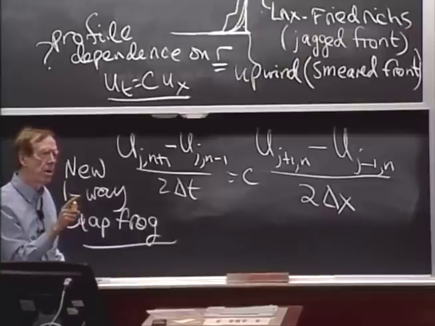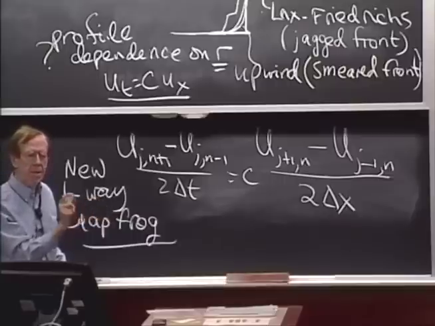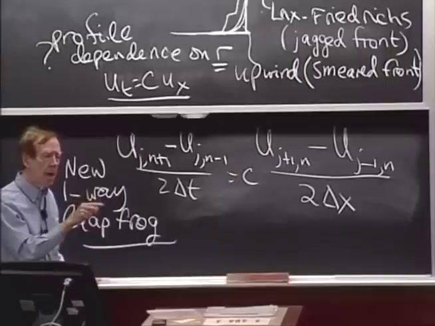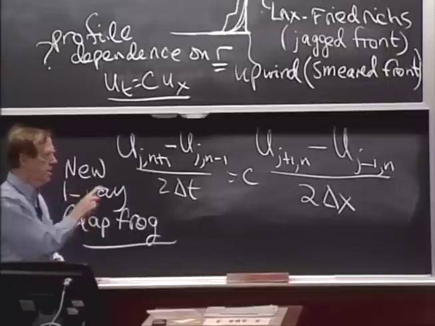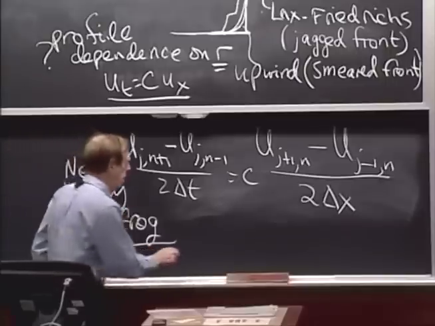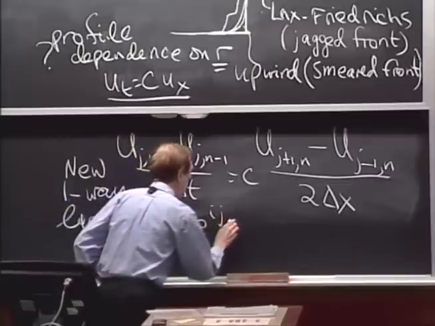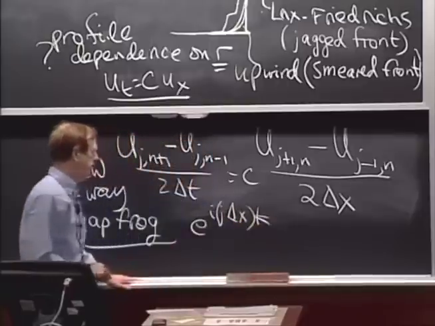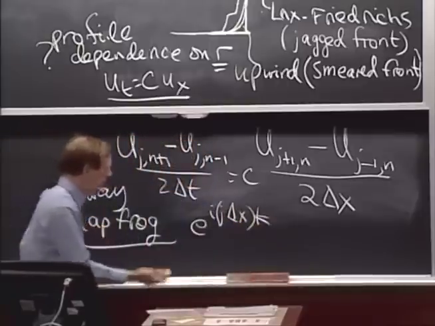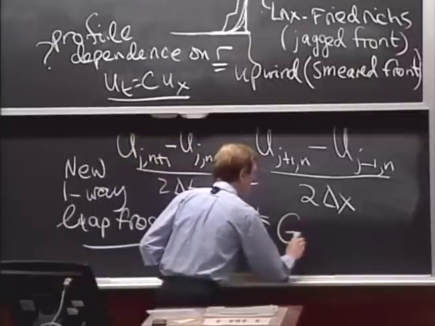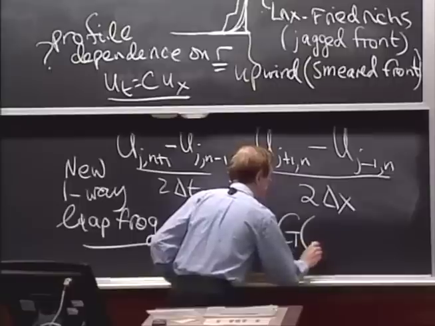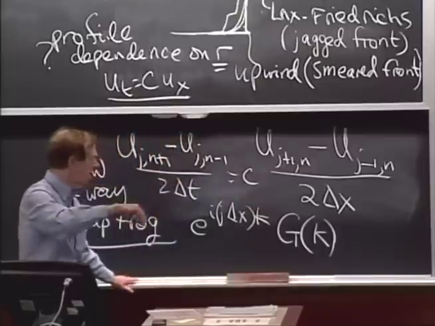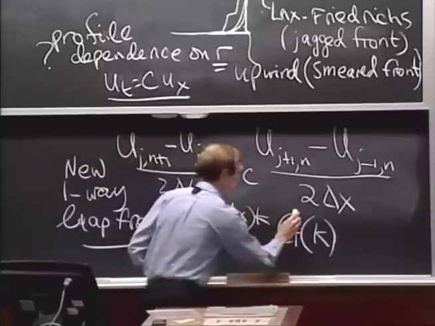Once you put in e to the I kx, as we always do, or e to the I k j delta x in the discrete case, and then find the g, the growth factor that'll depend on k, and will tell us the time dependence. So it'll be a g to the nth.